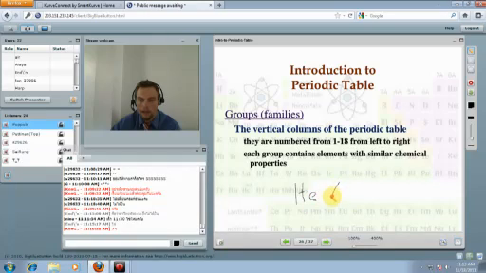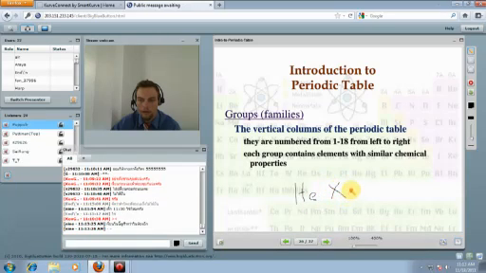They do not want to bond together. They don't want to have anything to do with each other. They're very happy being apart. So the noble gases, they like to be alone. Okay?